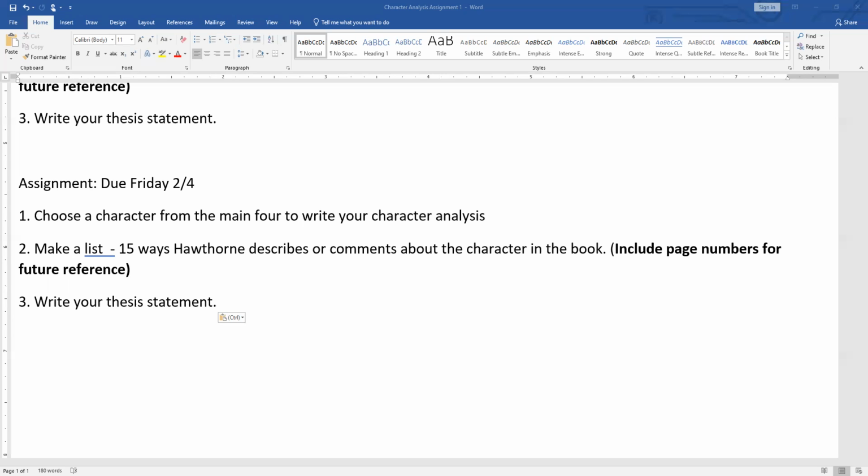So again, go back to your outline. You should at this point have 4 main characteristics that you want to talk about. And so find quotes or summarize sections.